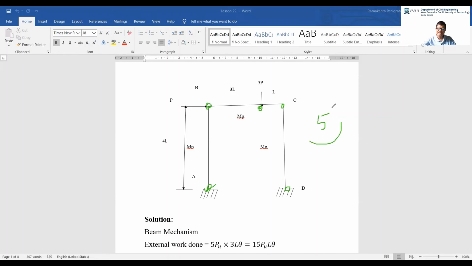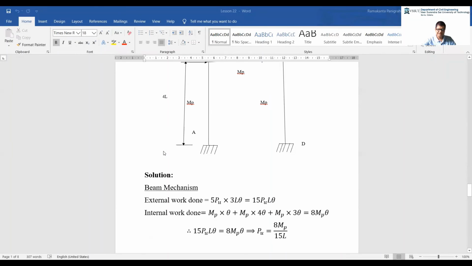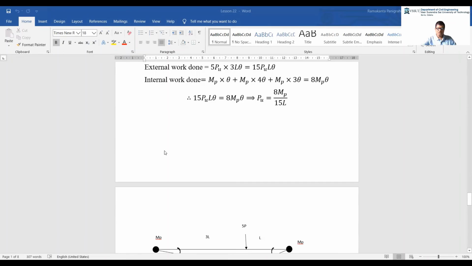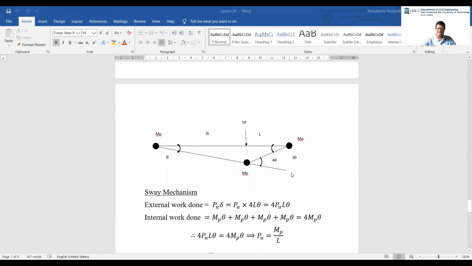Five plastic hinges, and 3 will be the reactions, static redundancy. So there will be 5 minus 3, 2 mechanisms. Two mechanisms means one will be the beam mechanism, one will be the sway mechanism, and then we have to combine. Let us see. Now go to the beam mechanism. This is the beam mechanism.